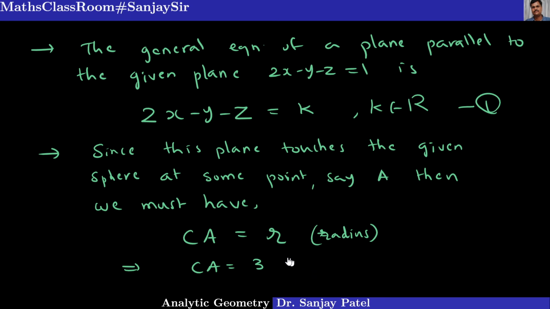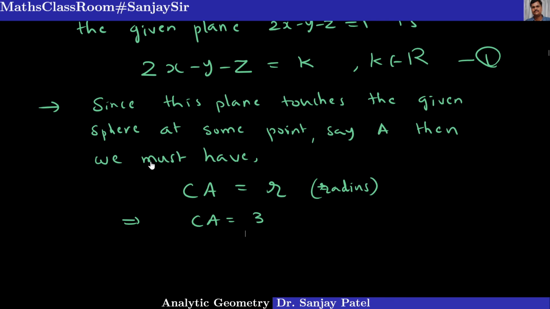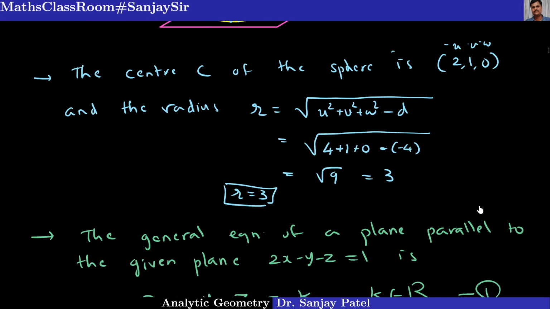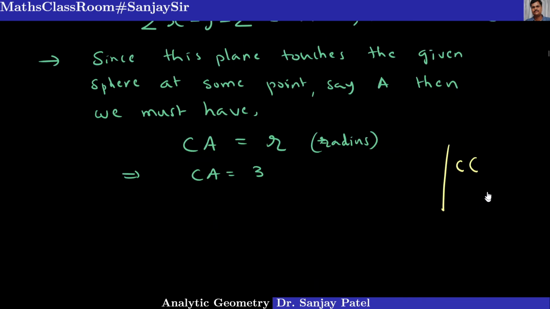So we need to find CA, and you know very well the center coordinates are 2, 1, 0. Yes, it is 2, 1, 0, and we want the perpendicular distance from the plane 2x minus y minus z is equal to k.